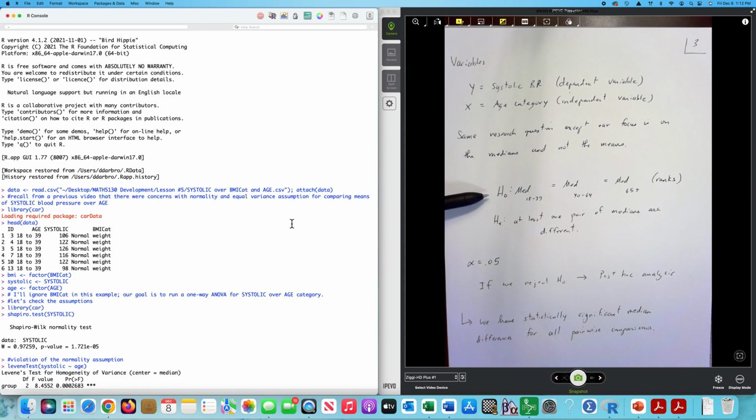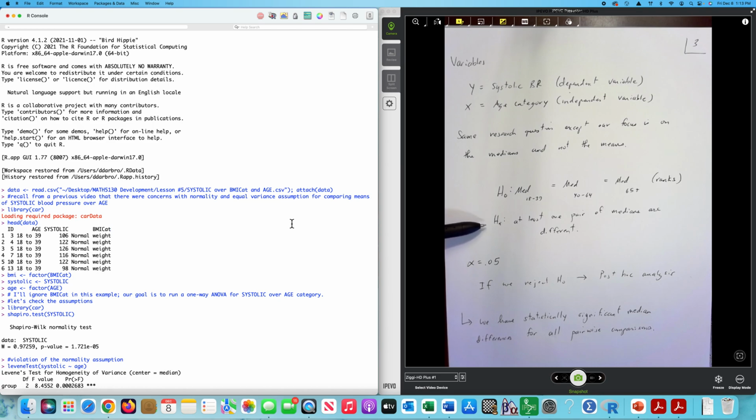So for a non-parametric ANOVA, the Kruskal-Wallis test, our null hypothesis is no longer that the means are equal, it's that the medians are equal. And then we have this rank sum thing lurking around in the background that plays a role.